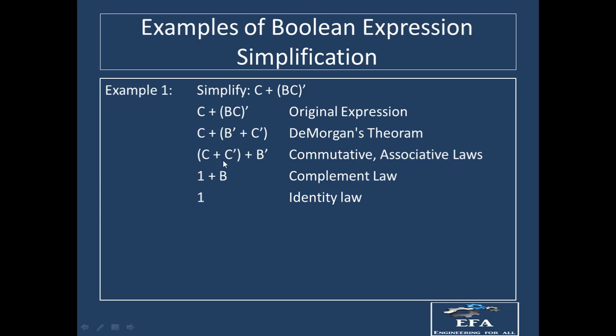In an OR gate, if we have one input as 1 and the second as 0, we know the output is equal to 1. So ultimately we will have 1 here, and 1 plus B will be the answer. 1 plus B can again be reduced to 1. So we do not need any gate here; the answer is 1.